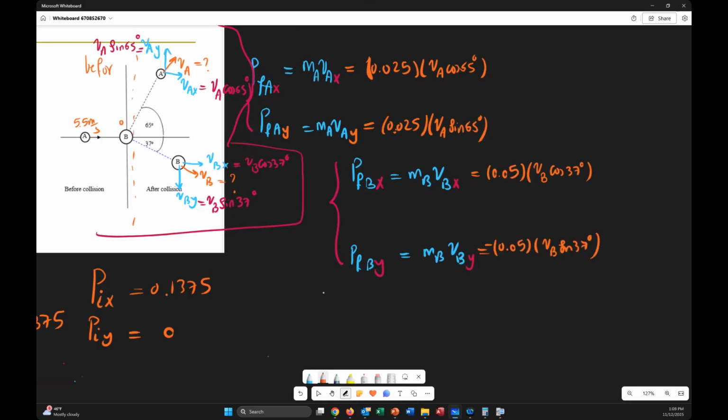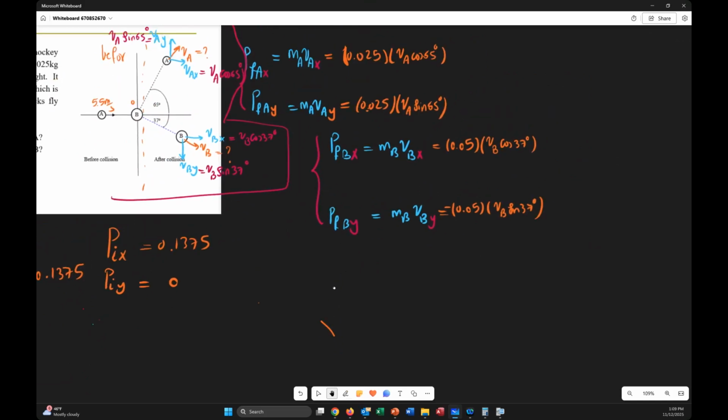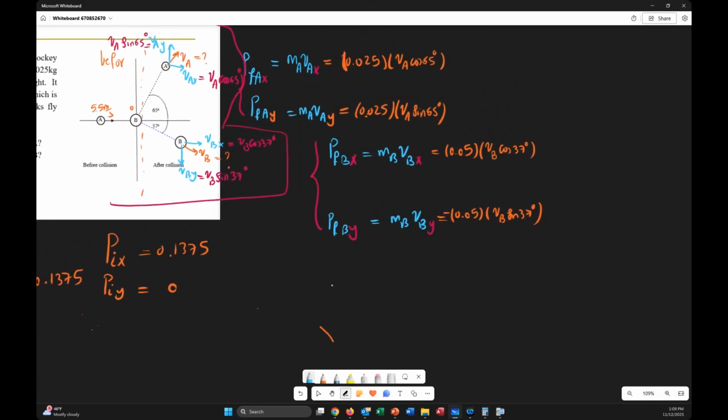Interesting. Okay. You remember we had conservation of momentum? Let me just change the color to white. Now, P initial, good, should be equal to P final.